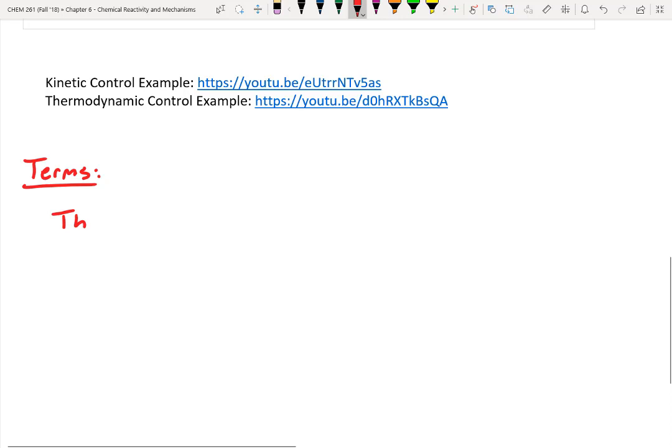First one is thermodynamic product. Your thermodynamic product is always going to be your potential product that is most stable.